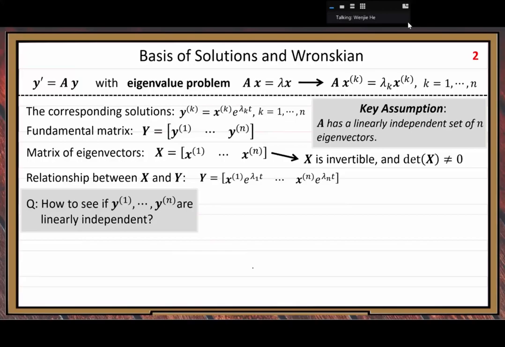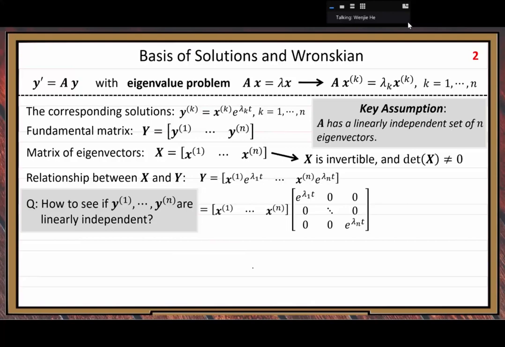Let's write Y in another form. Y equals the capital X matrix times the E functions. We arrange all the E functions in a diagonal matrix, putting all n E functions on the diagonal, n diagonal entries.